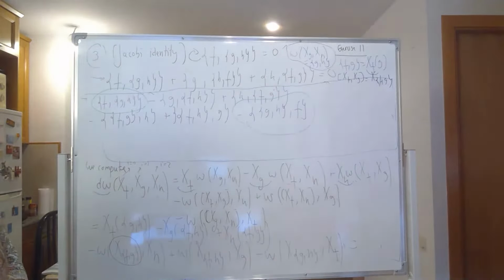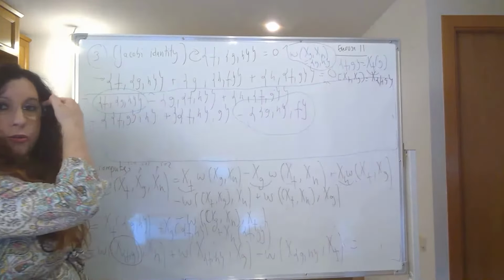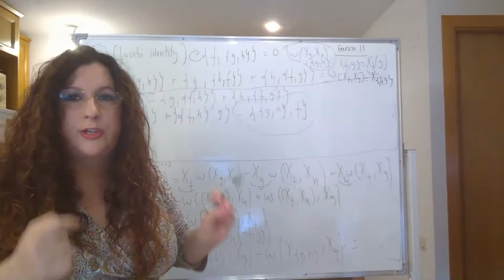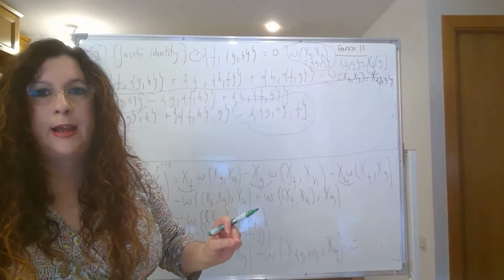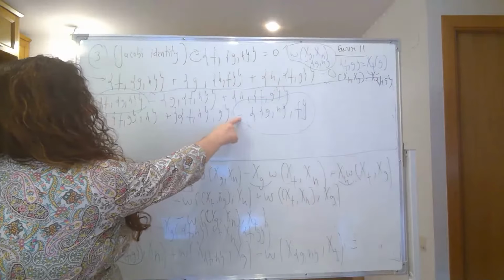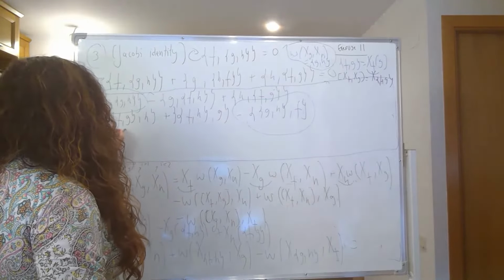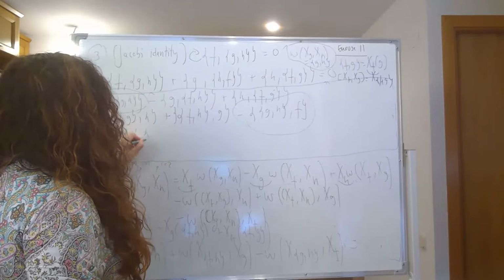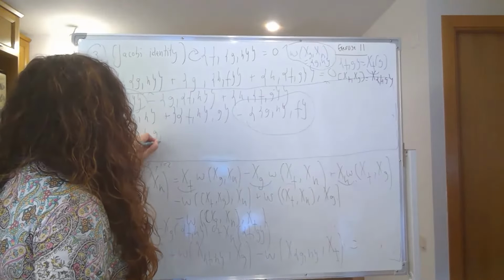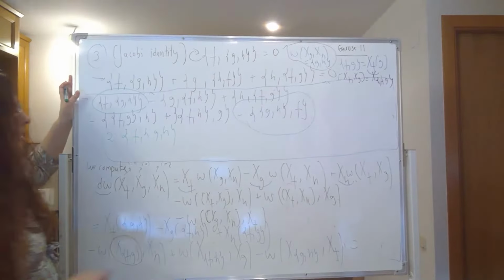I'm going to pair this guy with this guy. And I'm going to use the first property, which is that the Poisson bracket is antisymmetric. So this means that I can change this sign to a plus, and that this satisfies by 2f g h. So we have this first term, you see, and we have it twice.